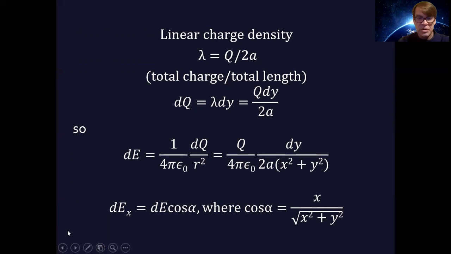Now they actually do play it out in the example in the book and show you that the y's cancel out. Even if you do the math, we're not lying to you, the y's cancel out. It's going to end up being the x primarily. So the x component of the field is the infinitesimal field times the cosine of alpha. Why cosine of alpha?